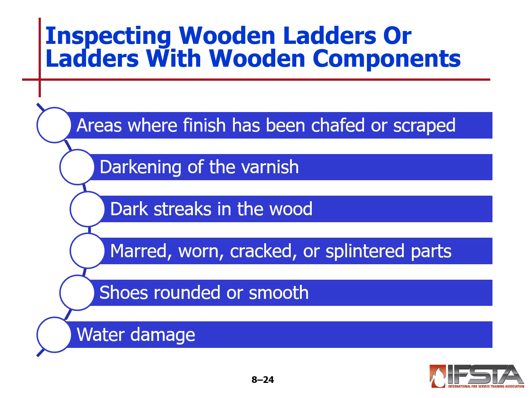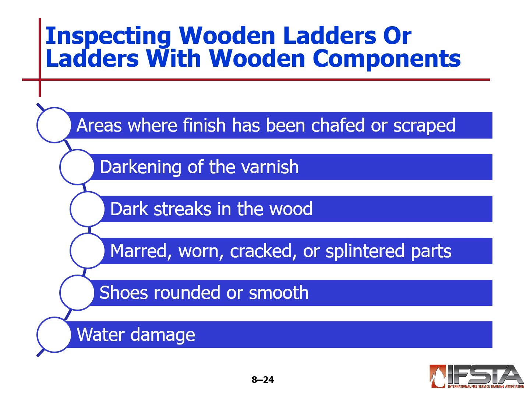Wooden ladders or ladders with wooden components, we want to look and check out the areas where the finish has been chafed or scraped. These are areas that we may need to revarnish and clear coat, and we want to check those for damage. Darkening of the varnish, any dark streaks in the wood might denote water damage such as rotting and/or mildew.